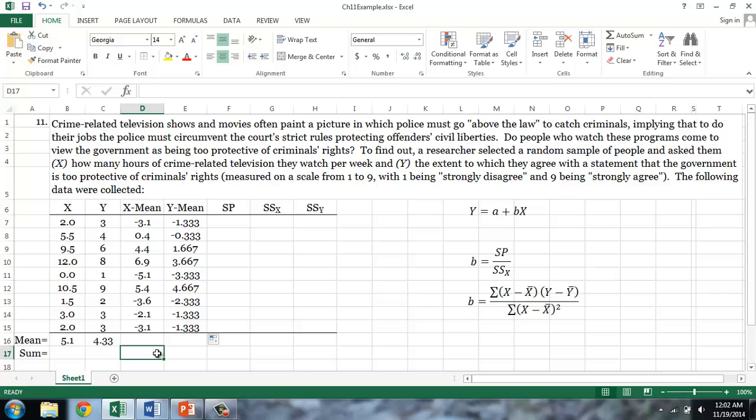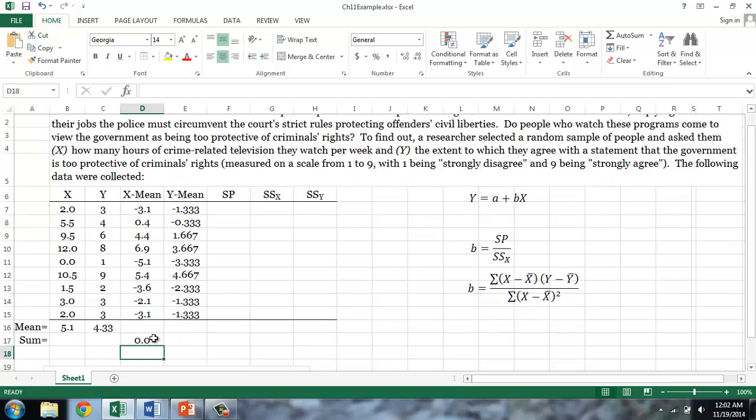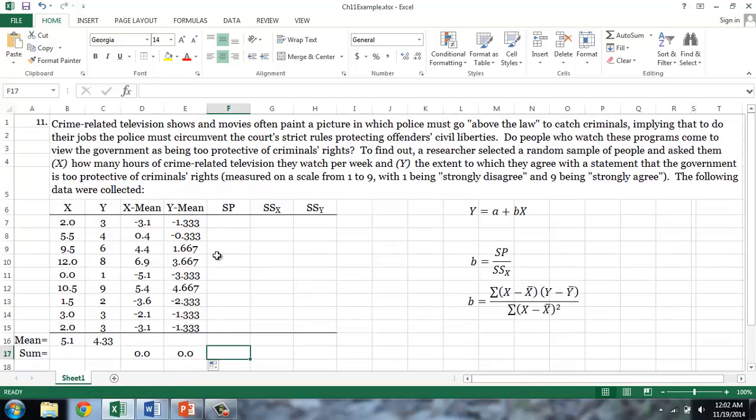To check and ensure that I've calculated these deviations correctly, I'm going to sum the columns using Excel's sum function. And we can see that the deviations sum to 0 for both x and y. Next, I'll multiply the two deviations to get our sum of products. This is equal to our x deviation times our y deviation.